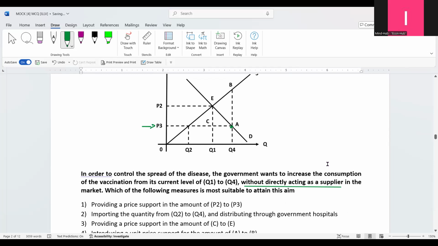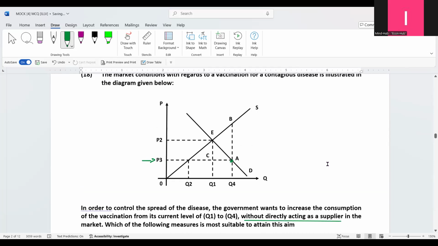But if the suppliers want to supply Q4 quantity, they would expect a price of P4. Is that clear? So that doesn't work.